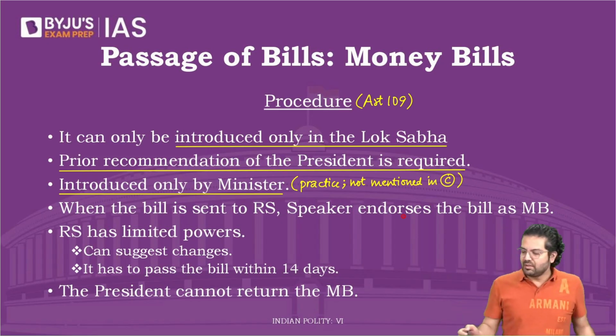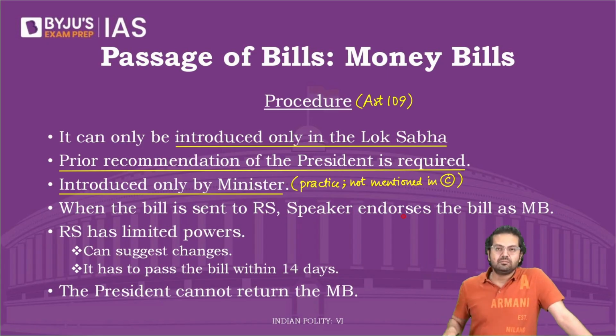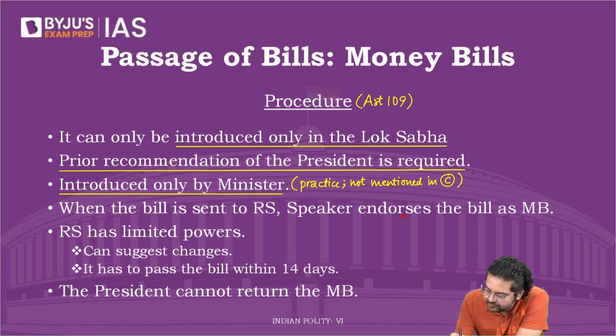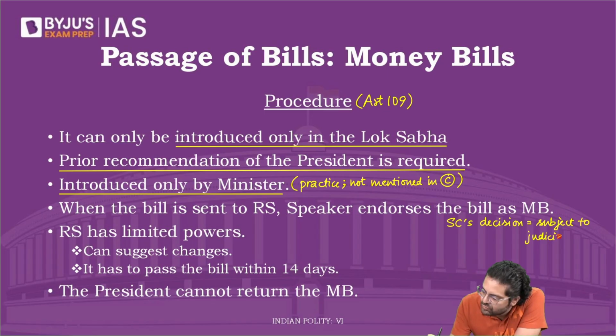The speaker signs the bill as money bill, and it was said that the decision is final, can't be challenged. But the Supreme Court says that the speaker's decision is subject to what review? Judicial review.